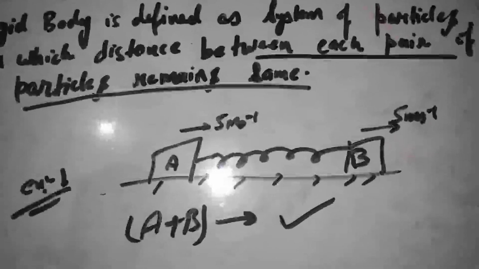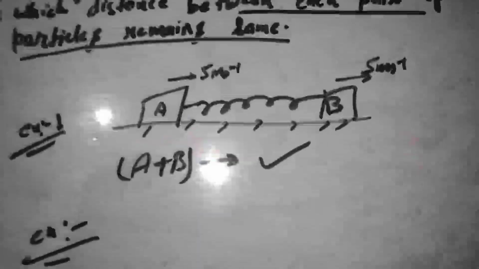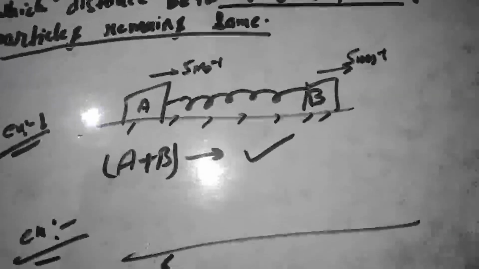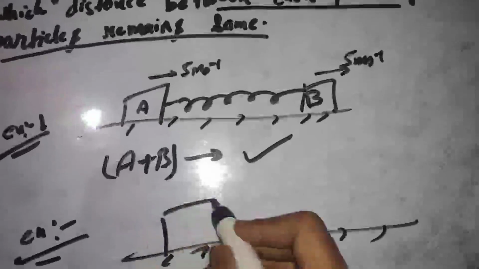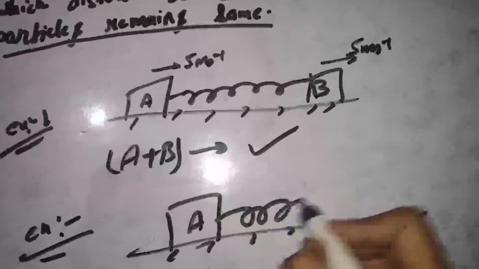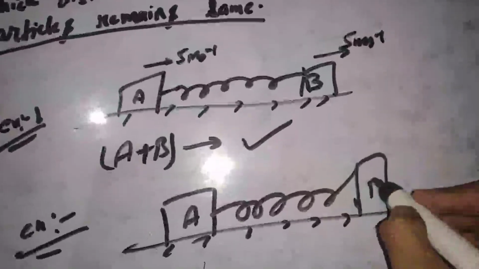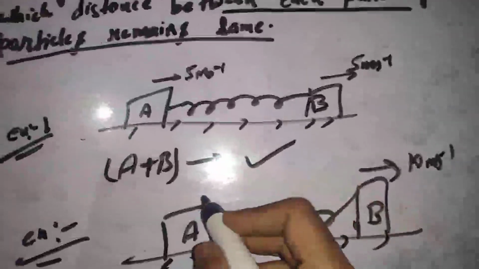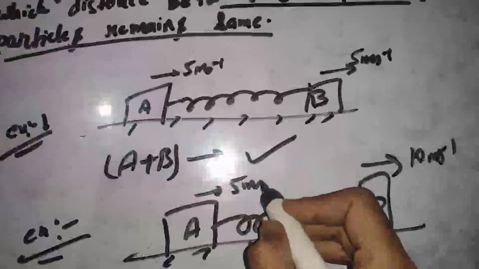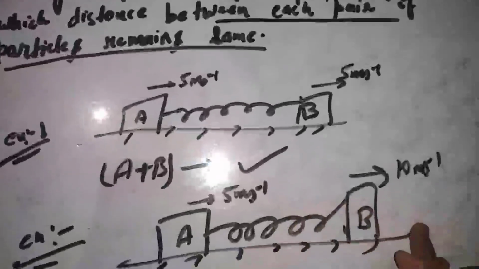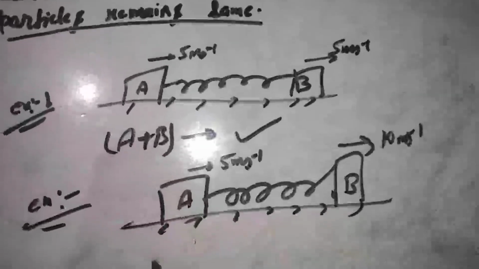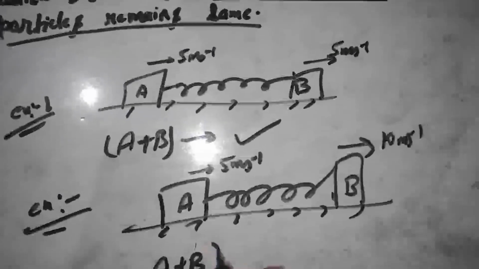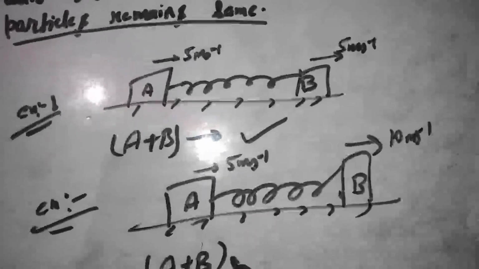Let's take another example where this will not hold true. Again, the same kind of system but with a different velocity. So there is body A and there is body B. This is moving with 10 meter per second and this is moving with 5 meter per second. Now, if we consider A and B as a part of a system, do these two particles constitute a rigid body?